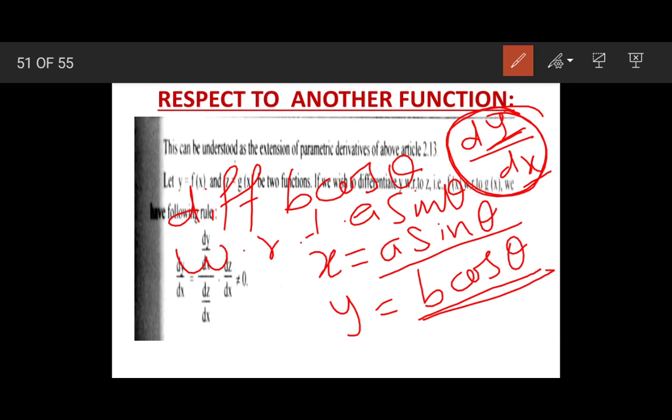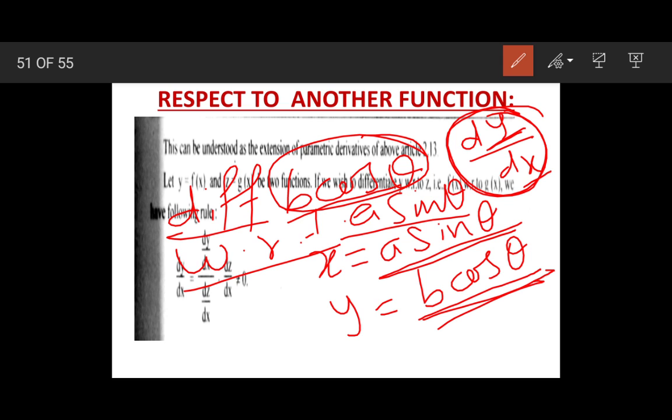If the question is find dy upon dx where y is b cos theta and x is a sin theta, then we can say differentiate b cos theta with respect to a sin theta. And this is known as a derivative of one function with respect to another function.